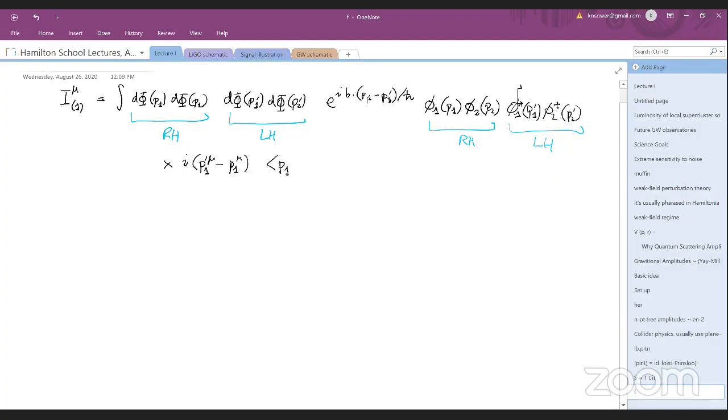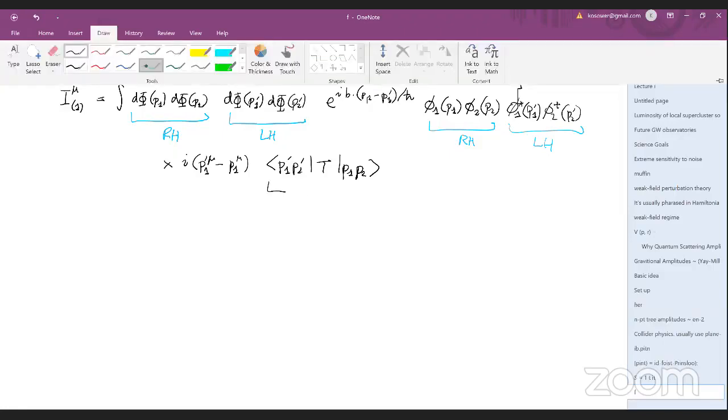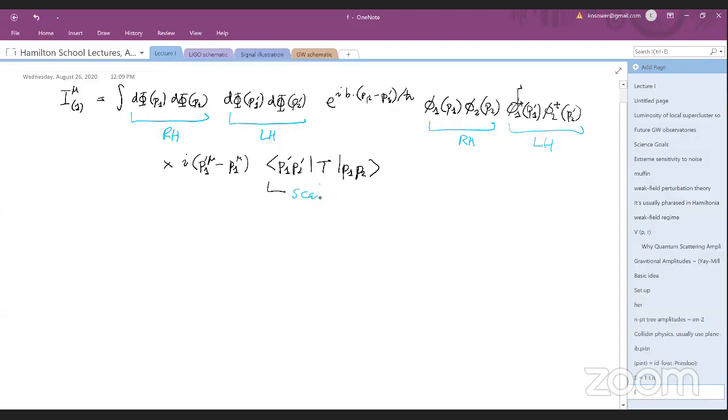And now we actually do have, finally, a matrix element, just a very conventional matrix element between plane wave states. So this thing, finally, we recognize as an object that we know and love. This is a scattering amplitude.